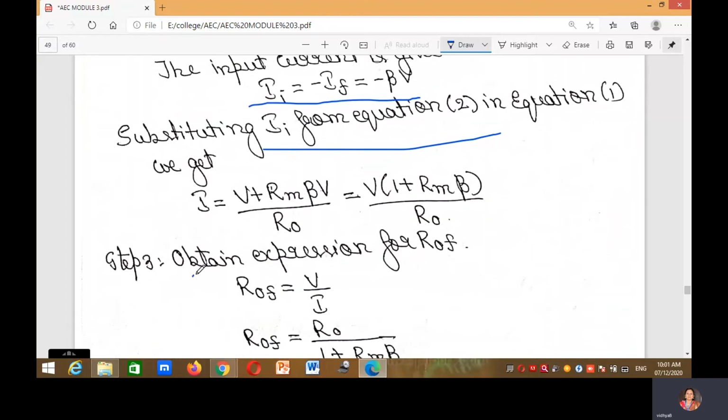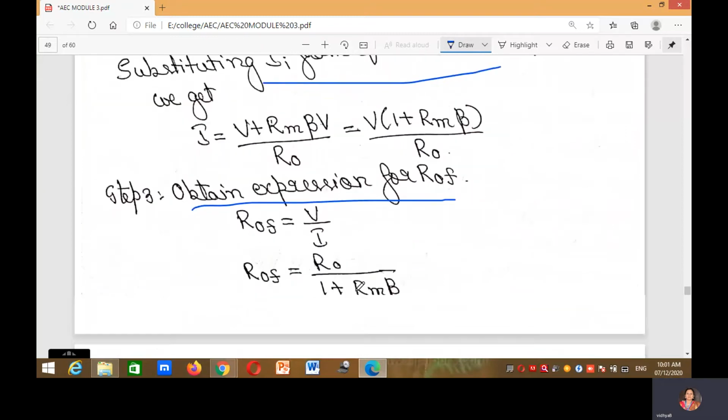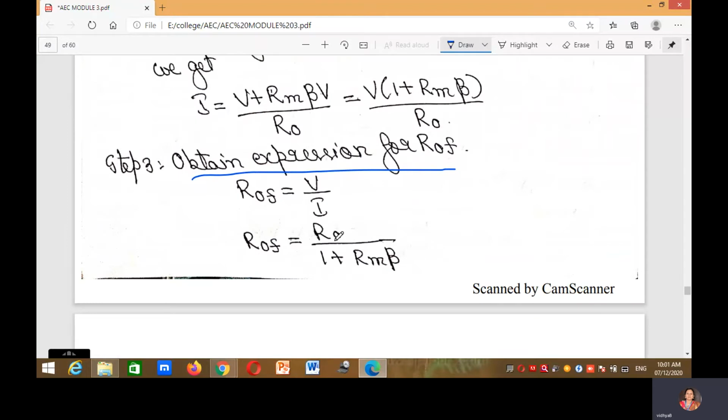Step 4, obtain expression for R naught F. R naught F is equal to V divided by I. So R naught F is equal to R naught divided by 1 plus Rm beta. If you substitute the value of I, you will get this expression.